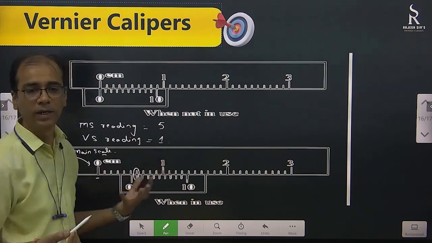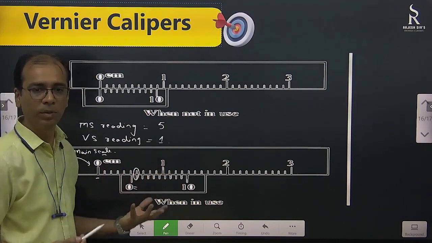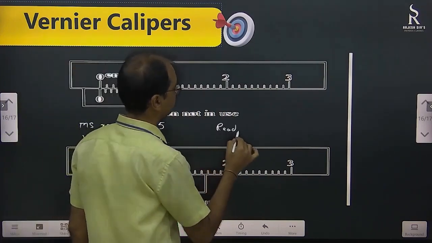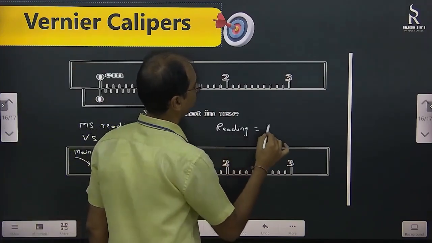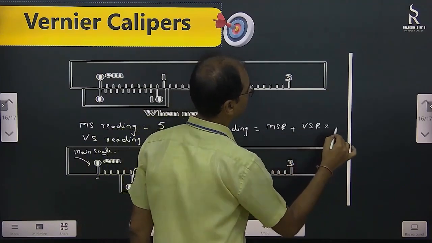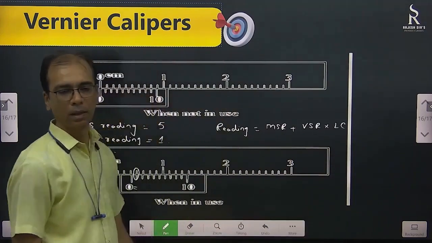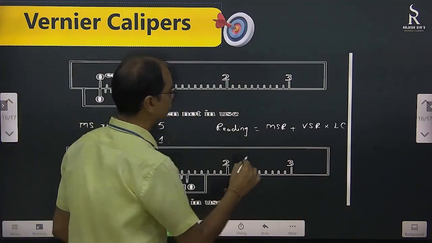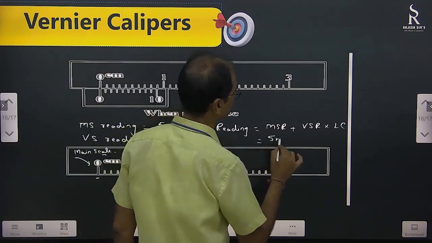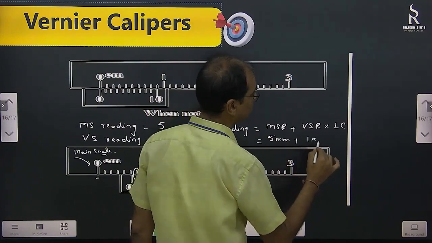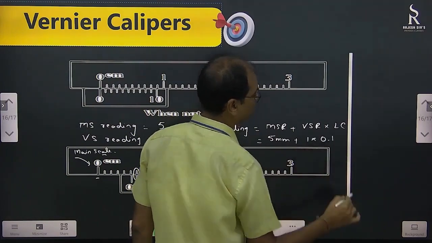Then what is the final answer? What will the reading finally be? The reading is the main scale reading plus the Vernier scale reading times the least count. The main scale reading is 5 mm, plus the Vernier scale reading is 1, and the least count is 0.1 mm.